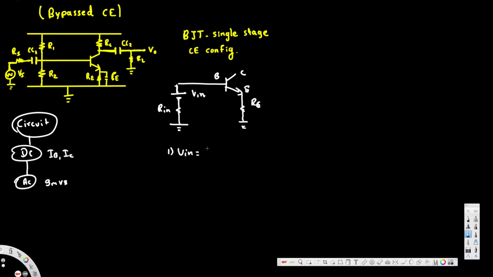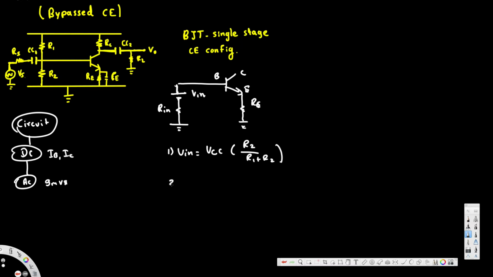If you apply KVL, you will see VCC times R2 divided by R1 plus R2. This is actually voltage division: VCC, across R2 we have V input, so R2 on top, R1 plus R2. This is the input voltage.